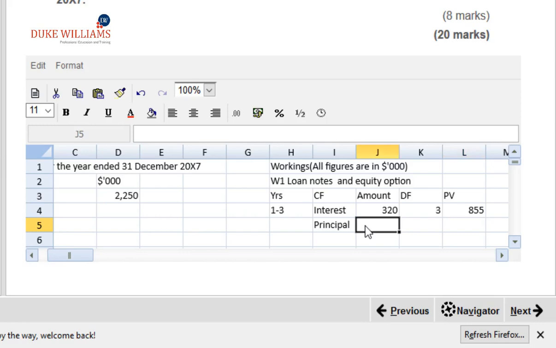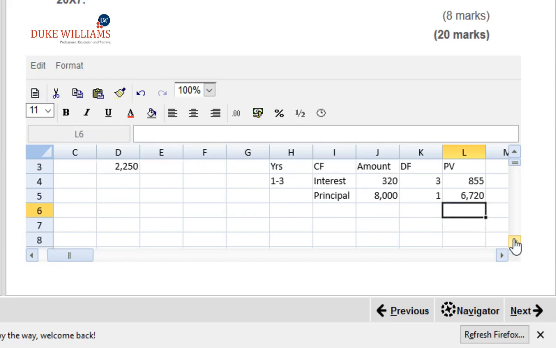Now the principal amount on redemption will be 8,000. The equivalent discount factor will be the discount factor for the 3rd year, that will be 0.84. Its value would be this times the discount factor. So we have this. Now we can have the total cash flow to be this cell plus the other cell.